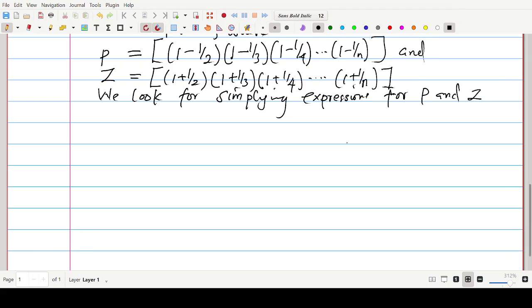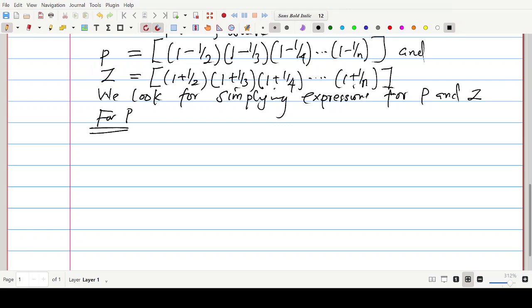Now for the first, let's look for P. Now you know P is equal to (1 - 1/2) multiplied by (1 - 1/3) multiplied by (1 - 1/4), and so on to get to (1 - 1/n).